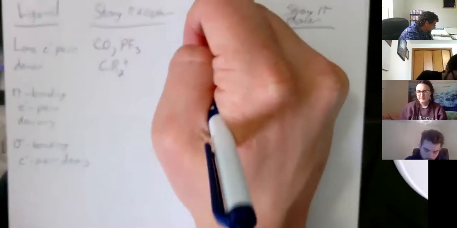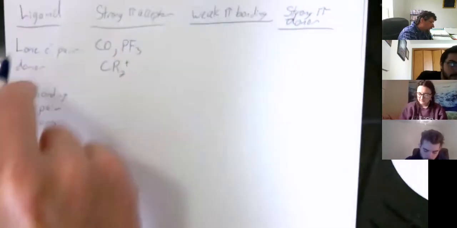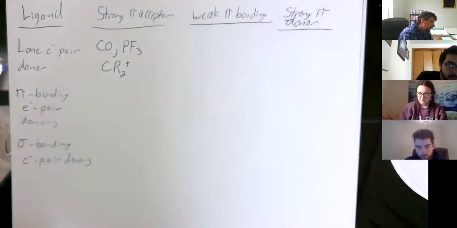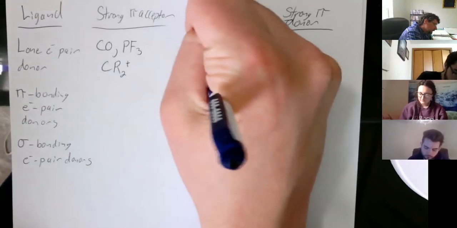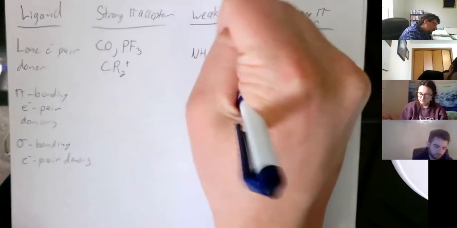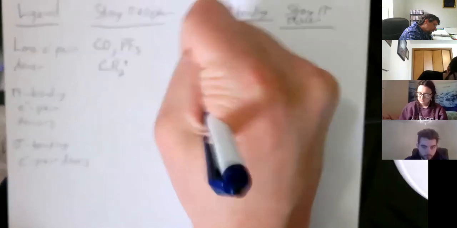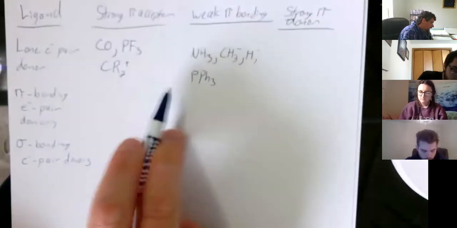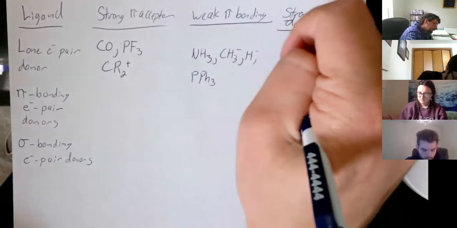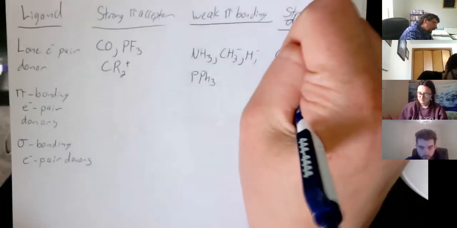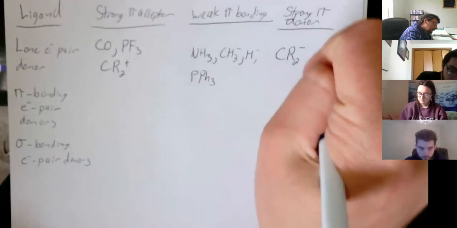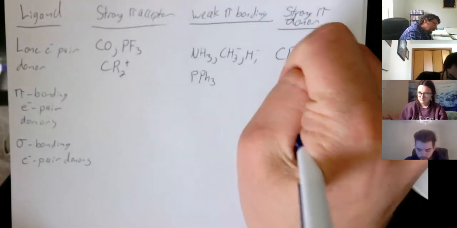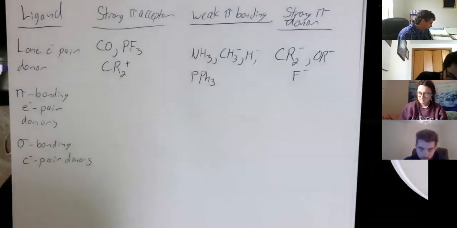Yep, the amines. So they're lone pair donors, but they're really weak pi bonding. They don't like to do that. So amines, methyls, hydrides, phenylphosphines. And then some really strong pi donors are CR2 minus, OR minus, and fluorine.